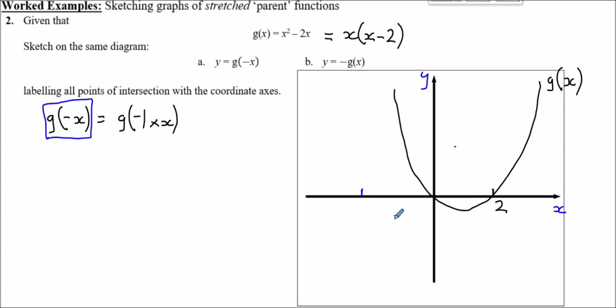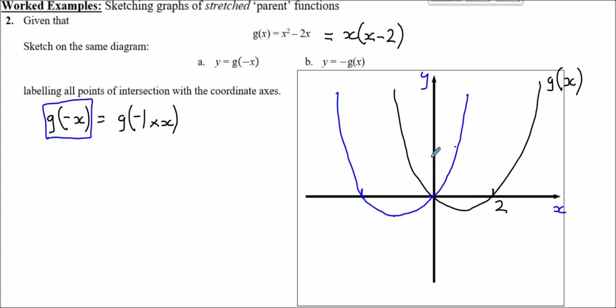So actually what happens is this. This bit ends up being mapped over here, like so. That's a root at -2. 0 times -1, or 0 divided by -1, is still 0, so that is invariant, that bit doesn't move. Then it comes up because it's still a positive shaped parabola, still a U shape. And so because each x-coordinate is multiplied by -1, the x-coordinates mirror in the y-axis.